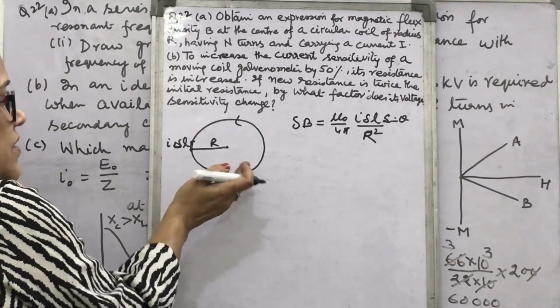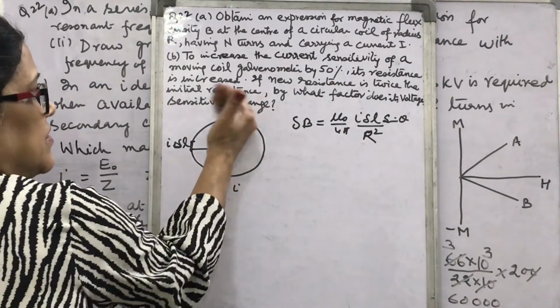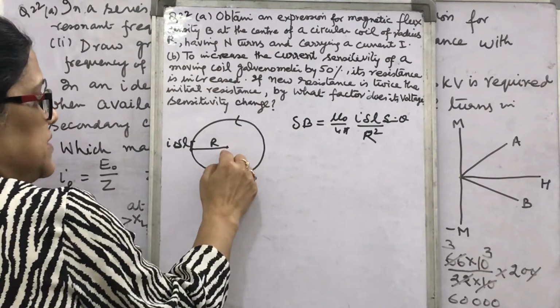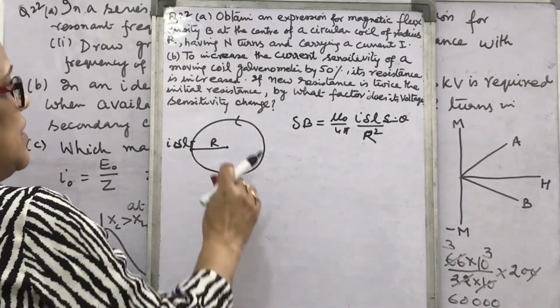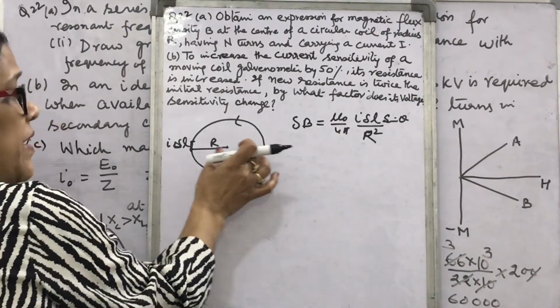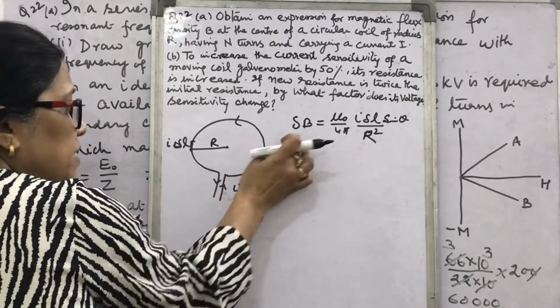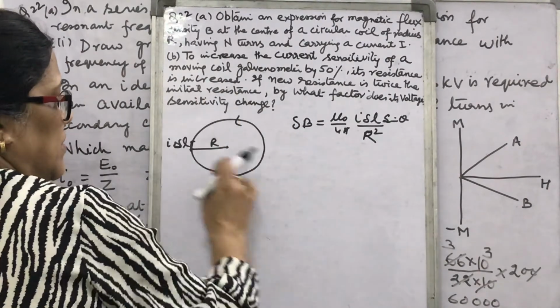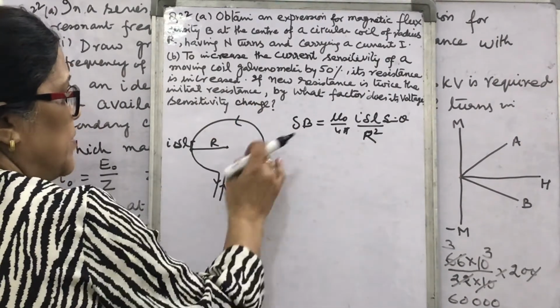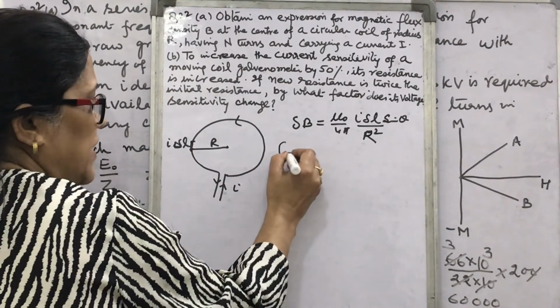To get the direction of magnetic field, use the right hand thumb rule. So at the center the magnetic field will be perpendicular upward. This magnetic field is due to this small current element, so to get the magnetic field due to the whole loop, you will integrate it.